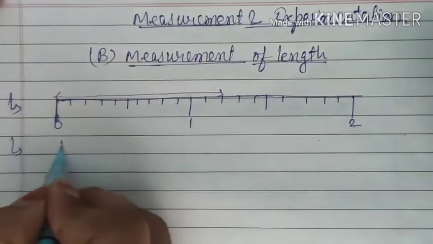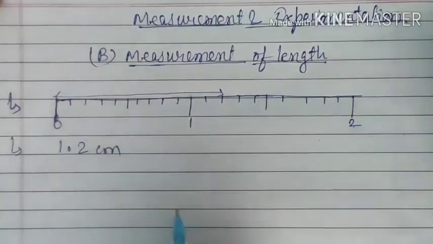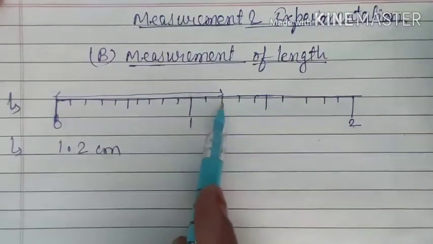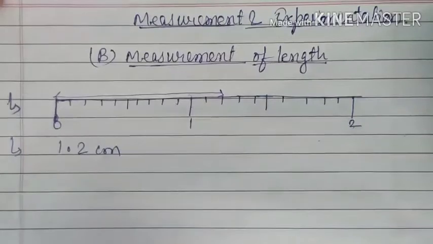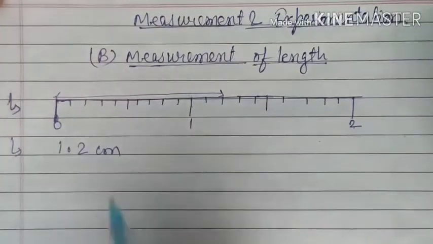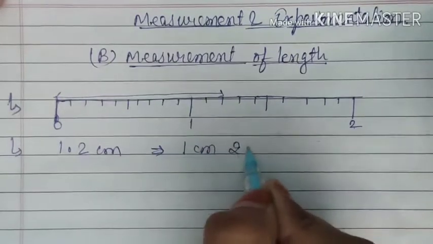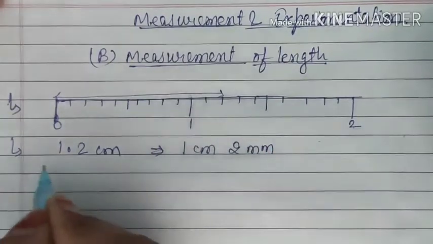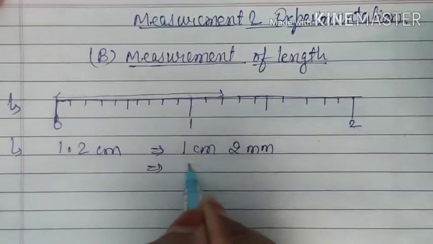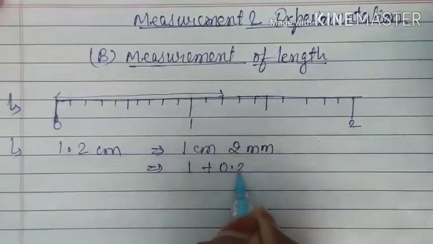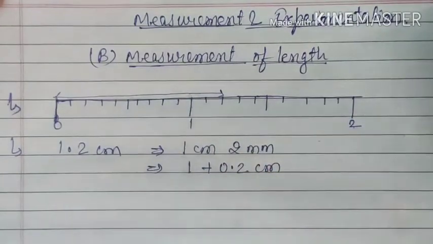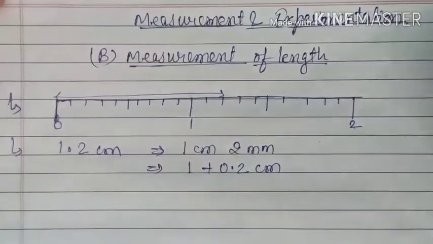You will say it is 1.2 centimeter, because this is 1, then 1.1, this is 1.2, so it is 1.2 centimeter. And clearly from here you mean that this is 1 centimeter and 2 millimeter. Or otherwise you can say the same thing in other words, that it is 1 plus 0.2 centimeter, which is equal to 1.2 centimeter.